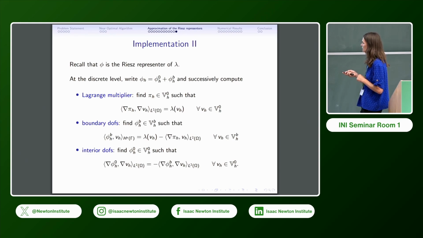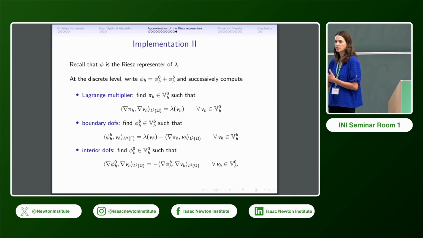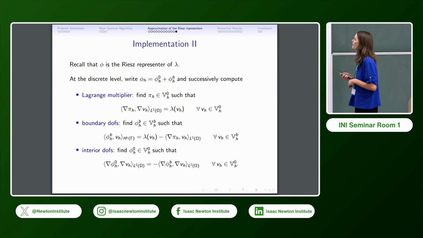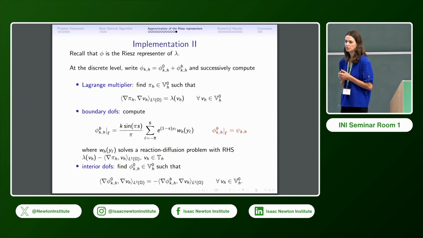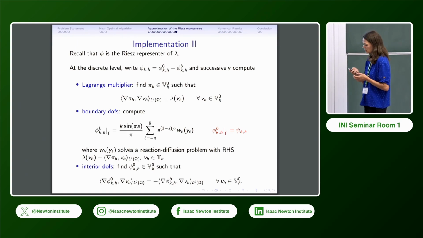It still involves the computation of the H^s. So basically what we do, we replace that with what I mentioned earlier, which is basically the final algorithm that we have to compute the Riesz representer. So we find the Lagrange multiplier by solving a standard Poisson problem. Then we solve for the trace of the Riesz representer by using the sinc quadrature and finite elements, which give the same result as before.